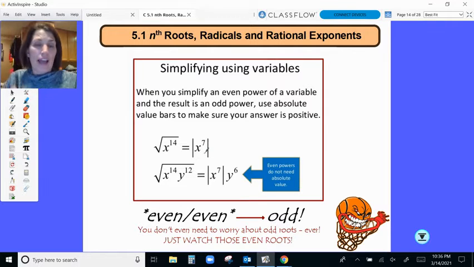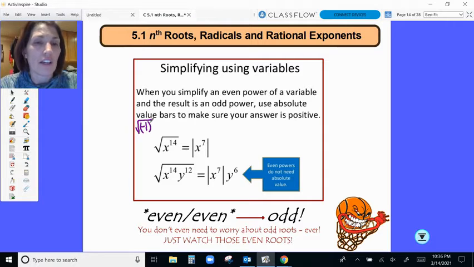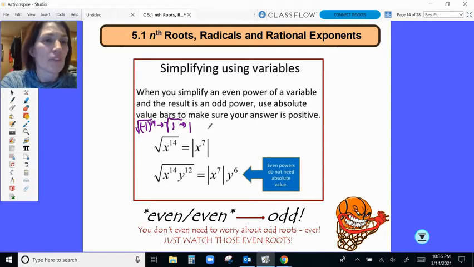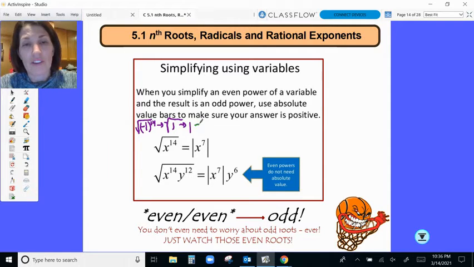Here's what happens. Let's just assume that x is -1, and so we end up with the square root of -1 to the 14th power. That is a positive 1, right? And that ends up being just 1, okay? Well, it simplifies out here to x to the 7th power.